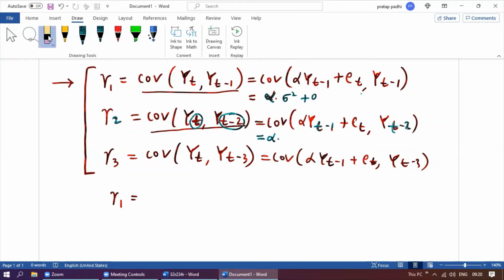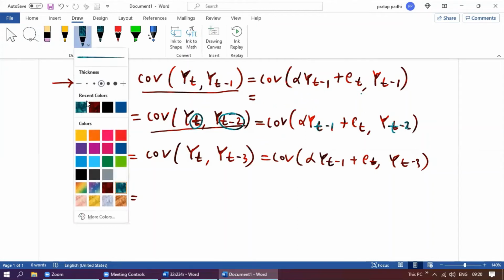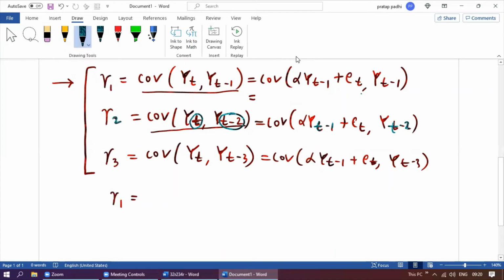I think I have to start from here once again. Now you need to find covariance of alpha yt minus 1 with yt minus 1. The first one, this one with this one. What will happen? You take alpha common, and yt minus 1 with yt minus 1 covariance, that you need to write.